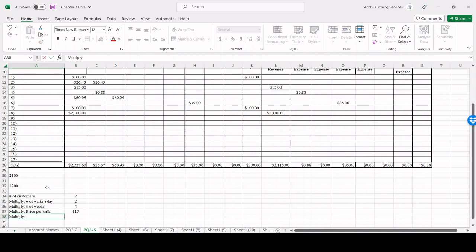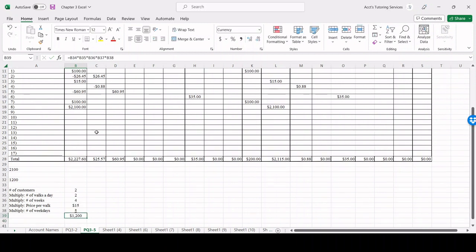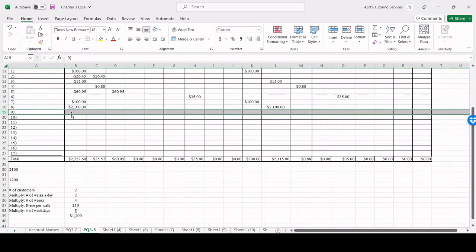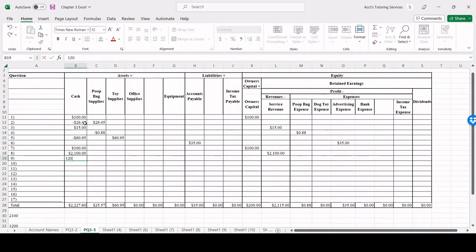Then we're going to multiply this by the number of weekdays in a week, which is 5. So once we multiply all these together, that's going to give us our total value. So 2 customers times 2 walks a day times 4 weeks times $15 per walk times 5 weekdays gives us 1200. So in this case, our cash is going to increase by 1200, and so is our service revenue, 1200.